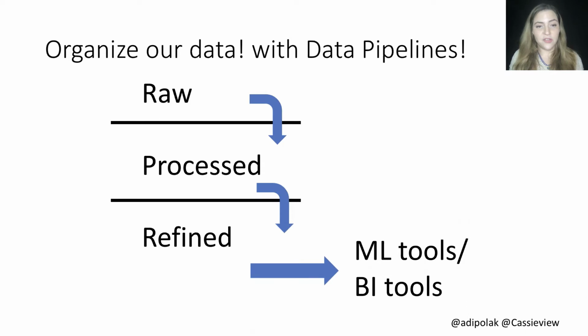Maybe we enriched it and ran some join operations on top of multiple tables to get a better view of what's going on in our data. Later on, this refined data is going to help us with our machine learning tools, help us create those smart products. And it's also the backbone of our business intelligence tools, our BI tools.